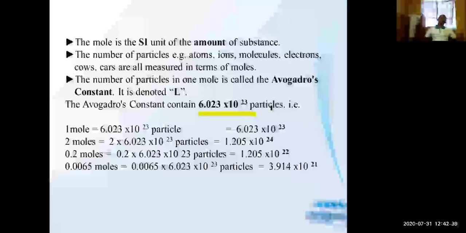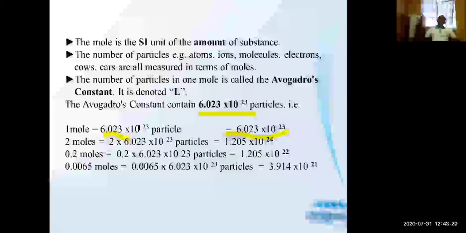So one mole of any substance contains the Avogadro's number of particles, which is 6.023 times 10 raised to power 23. So you should be able to know that. One mole is equivalent to 6.023 times 10 raised to power 23.